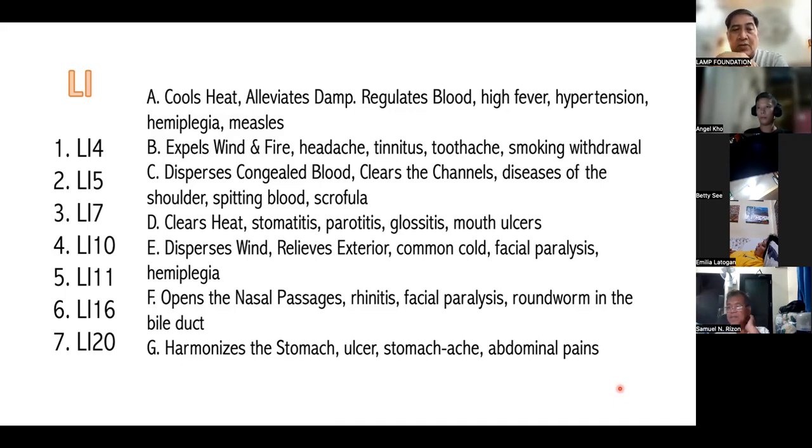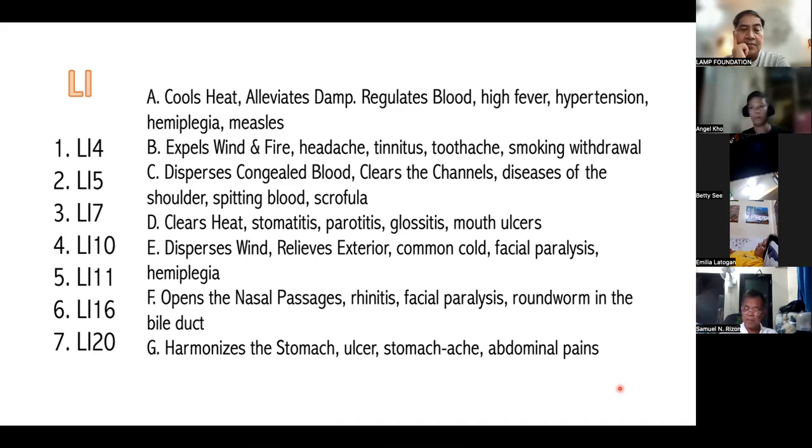Crossing point of LI meridian and the Yang Chiao vessel. Yes, po. Okay. LI16, yung answer mo is letter... Letter C.